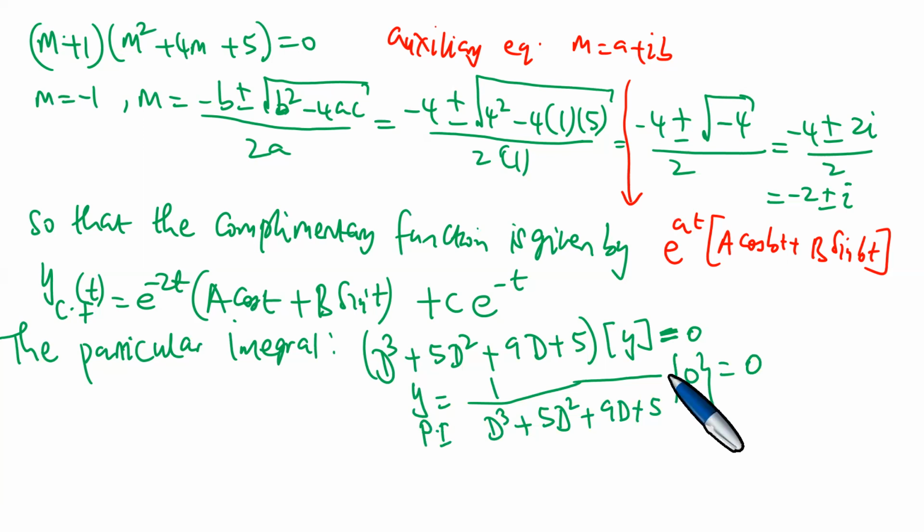So it becomes 0 plus a constant. We add a constant e. You can just say it's e like that.